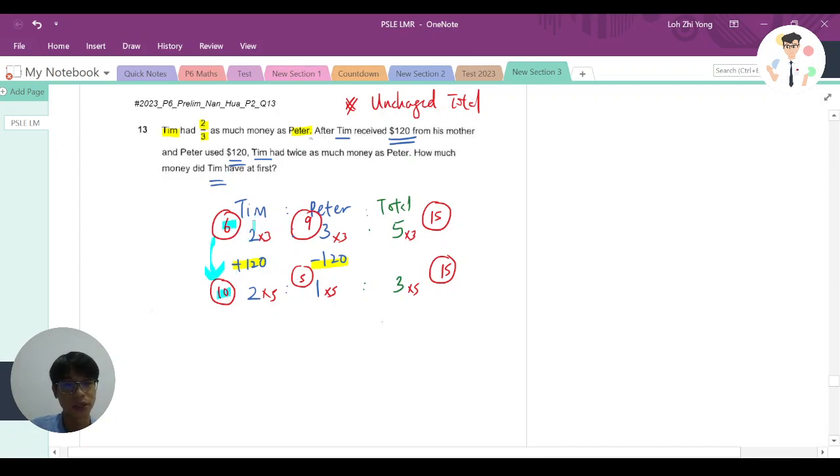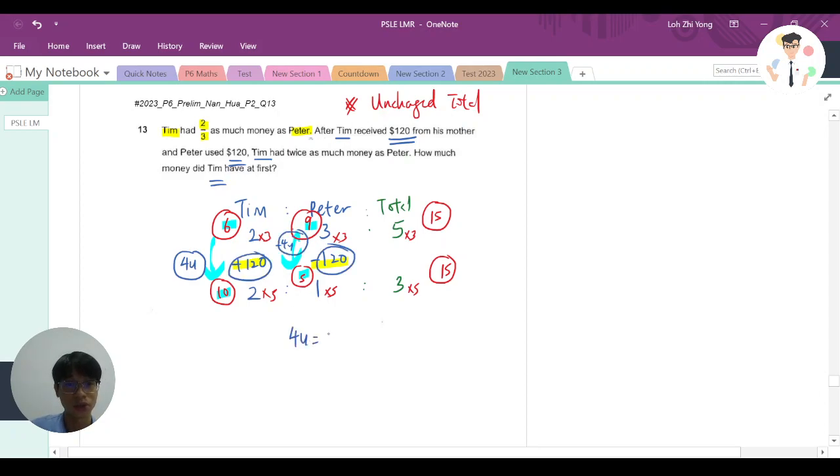Increase by how many units? Increase by 4 units. Okay, makes sense, right? And you can see here, the same thing. 9 decrease to become 5 units. Decrease by how many units? By 4 units. And again, that 4 units is still referring to 120.